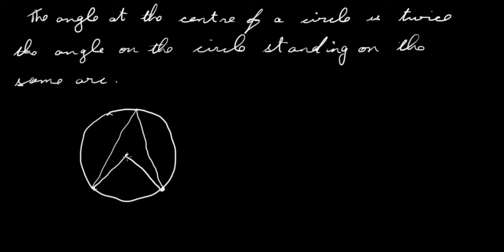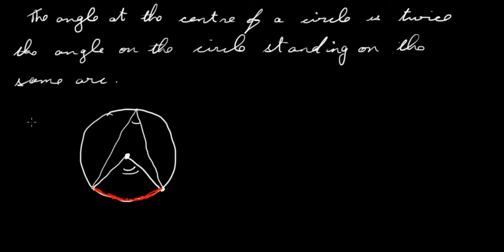This is the center here. So this angle here will be twice this angle here. This is the angle at the center, and this is the angle at the circle, and they're both standing on this arc here. So the angle at the center is twice the angle at the circle standing on the same arc.